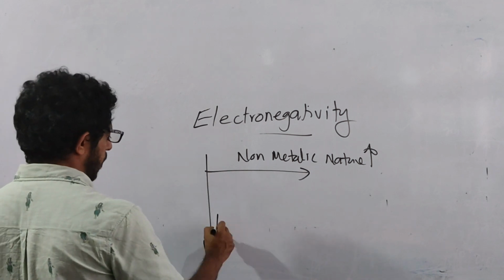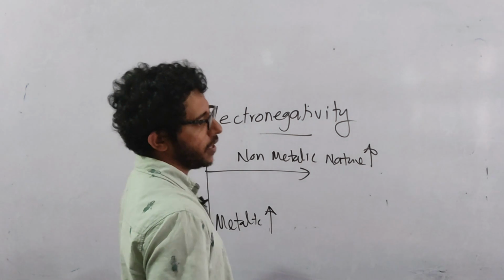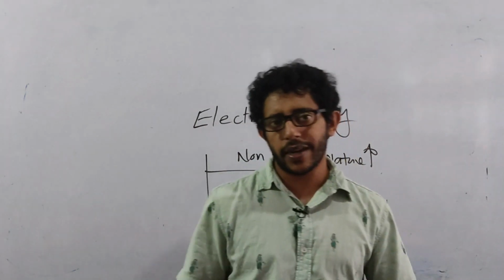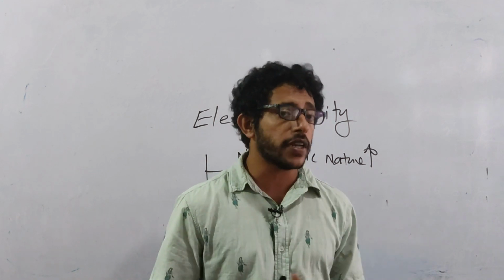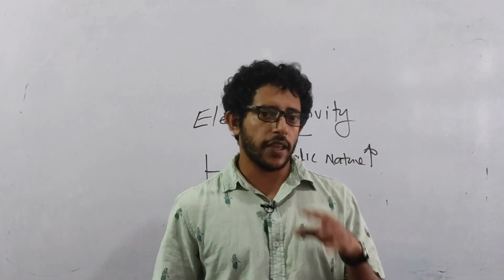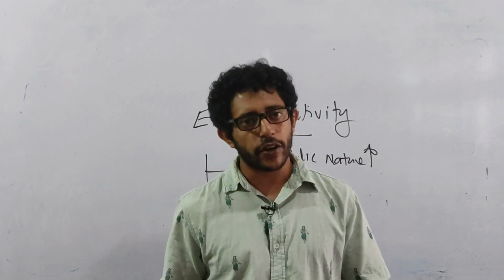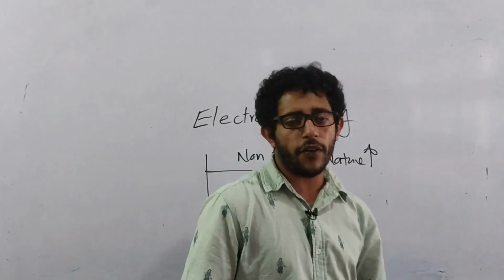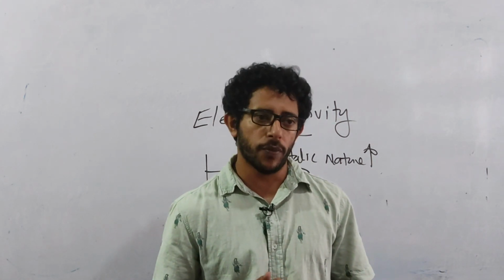Top to bottom of a group, metallic nature increases. If the metallic nature increases, their ability to pull electrons decreases, or the other way around, their electronegativity decreases. So generally, electronegativity increases left to right of a period, and electronegativity decreases from top to bottom of a group.